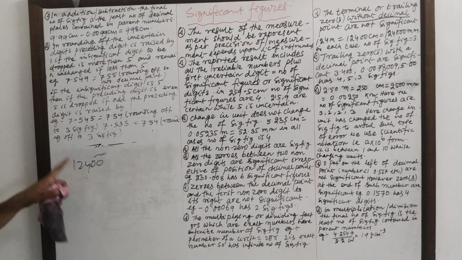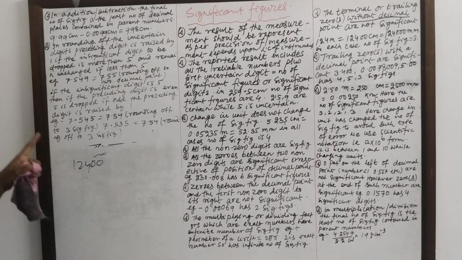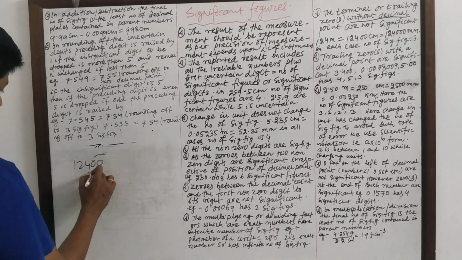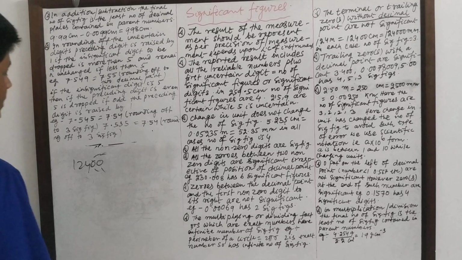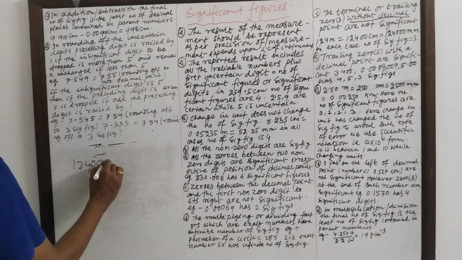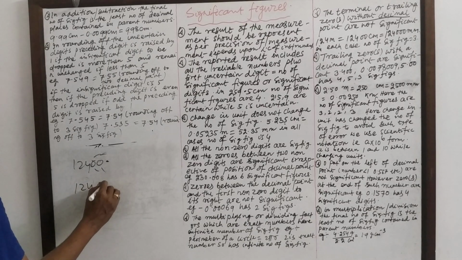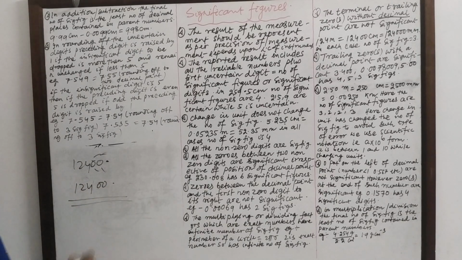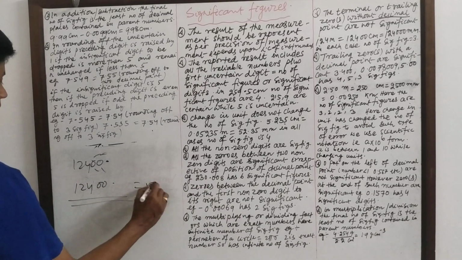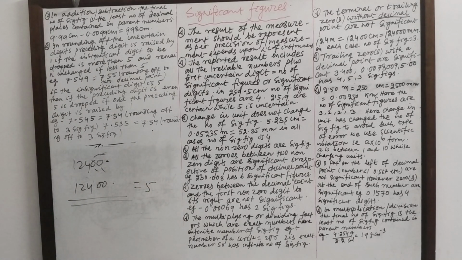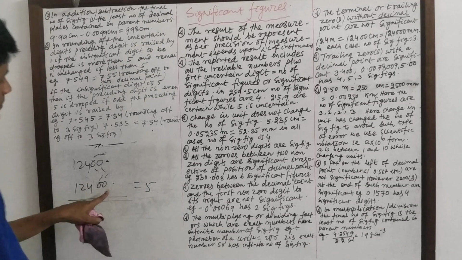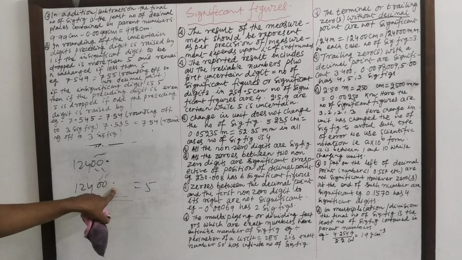If we want to signify that these trailing zeros are significant, then we have to put a decimal point here, that is 12400. This number has 5 significant figures. In order to signify these two last trailing zeros, we have to put a decimal point here.